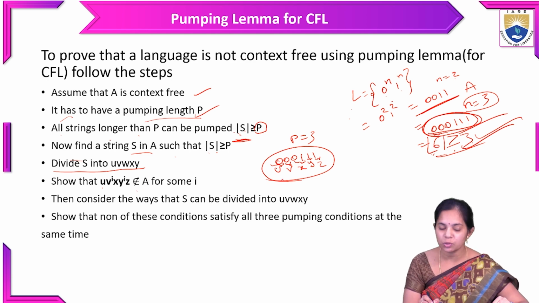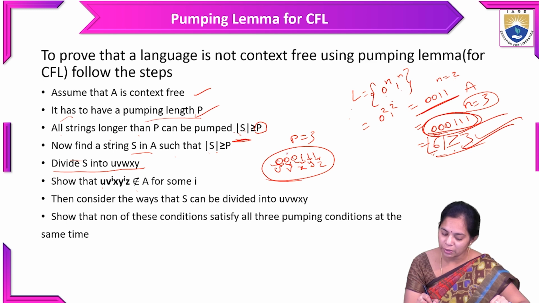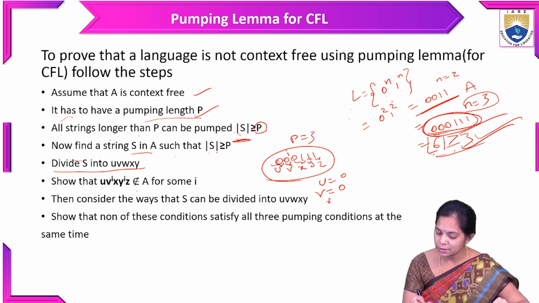does not belong to A for some i. So here we have to take V power i. Here U is equal to 0 and V is equal to 0, and X is equal to 0, 1, and Y is equal to 0 and Z is equal to 1.